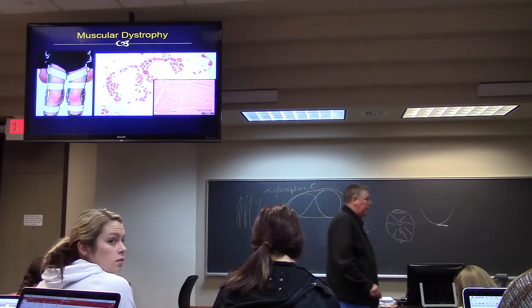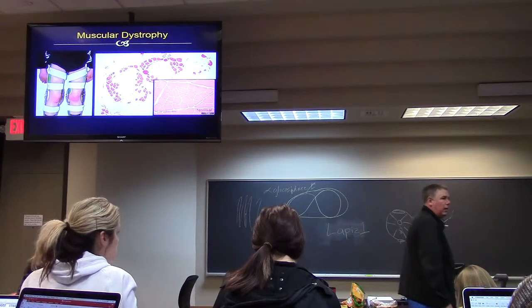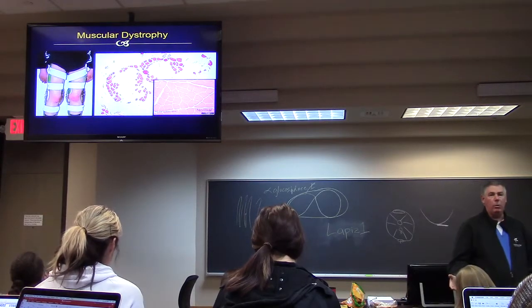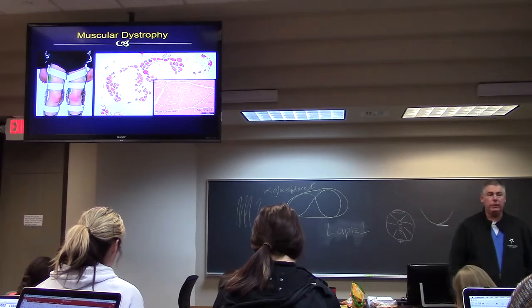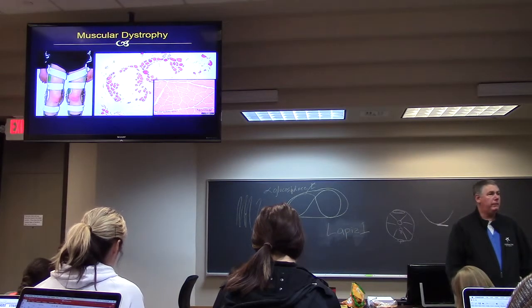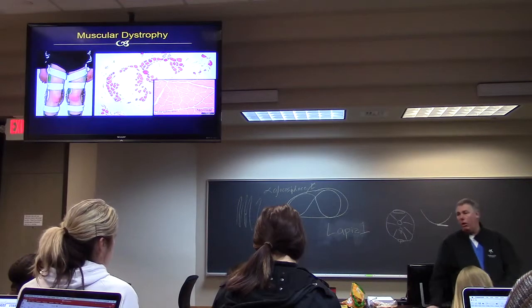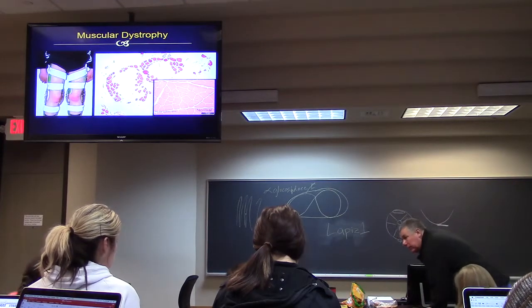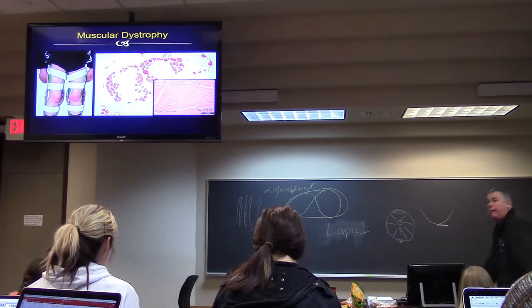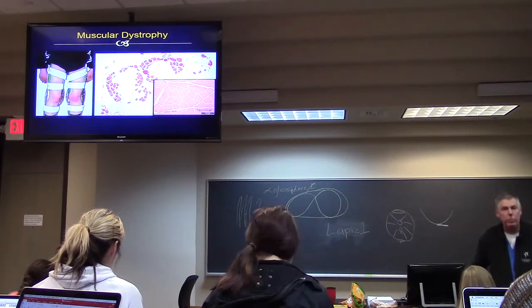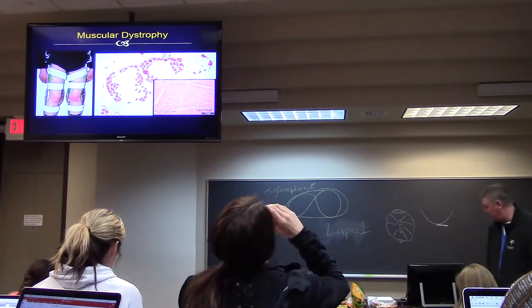The characteristic picture of a kid, a boy, and they're almost always boys because of the X-linked nature, if they're sitting on the floor, when they get up, they have to roll over and use their arms to stand up, because of the weakness of the legs. They can't stand up on their own.